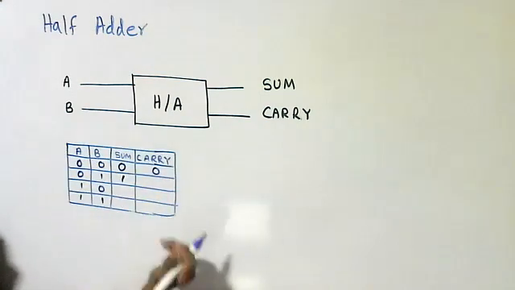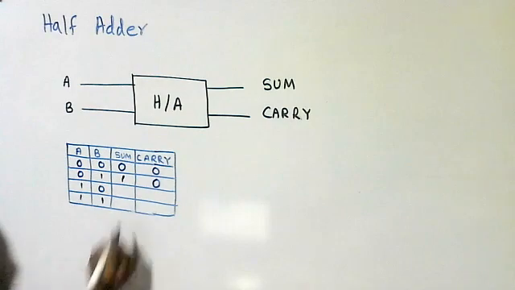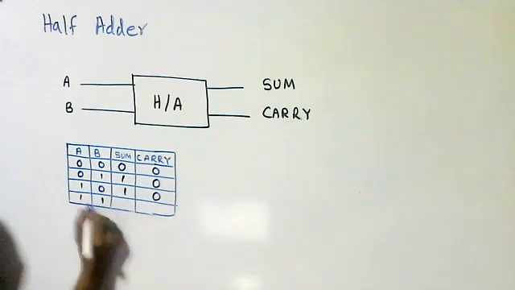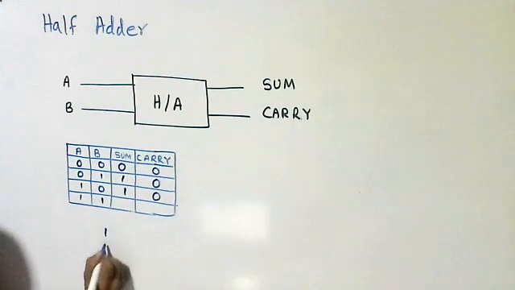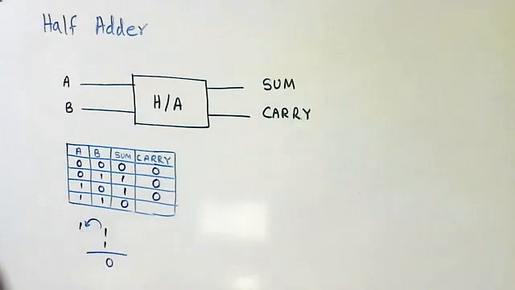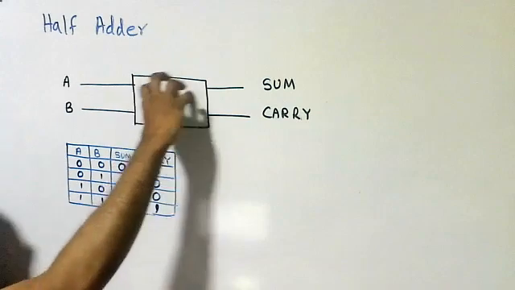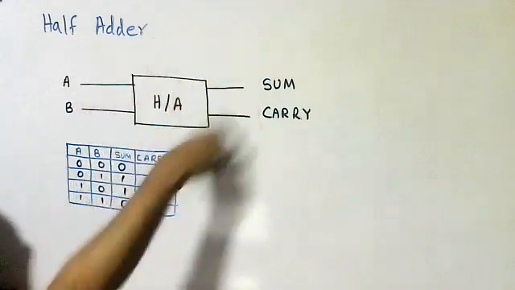Carry means carrying forward that bit. 1 0: 1 and 0, sum 1, carry 0. 1 1: if we add 1 and 1, sum is 0 and carry is 1. Isn't it? Yes. Good. We already discussed binary addition, students. So easily we can fill this. This is the truth table we get when we consider this half adder.